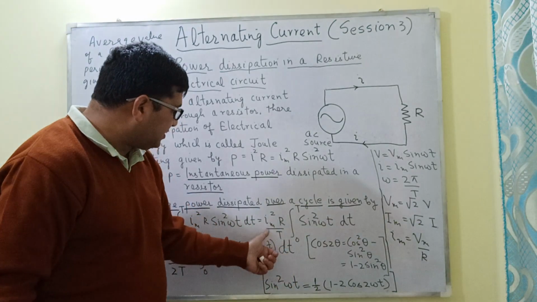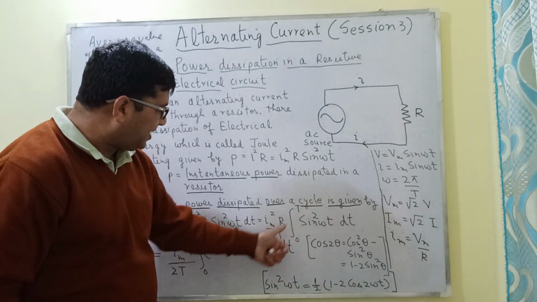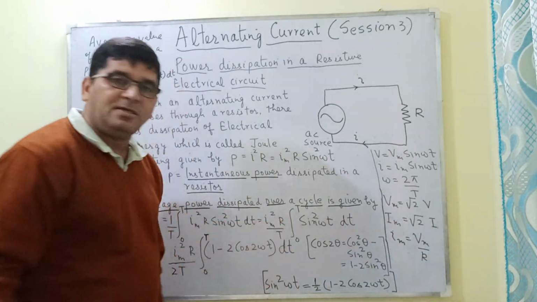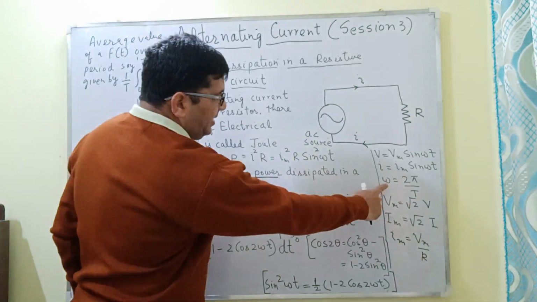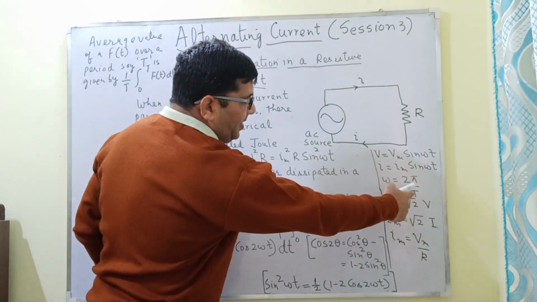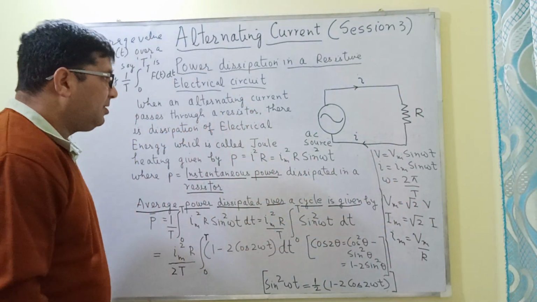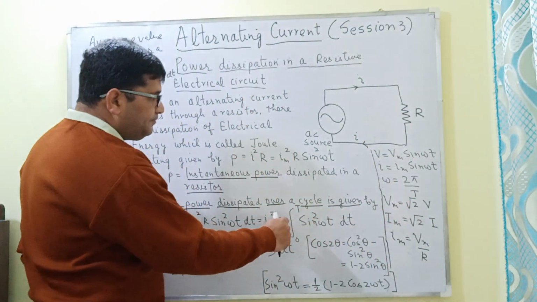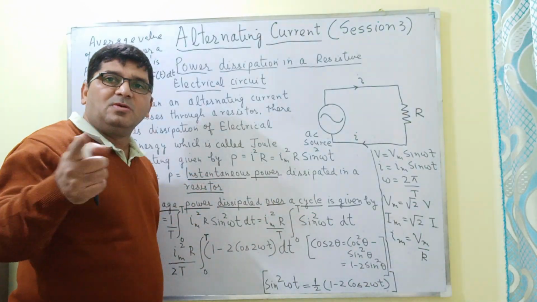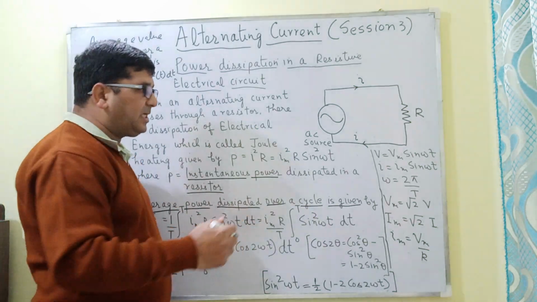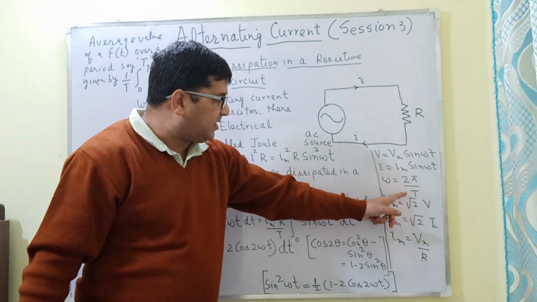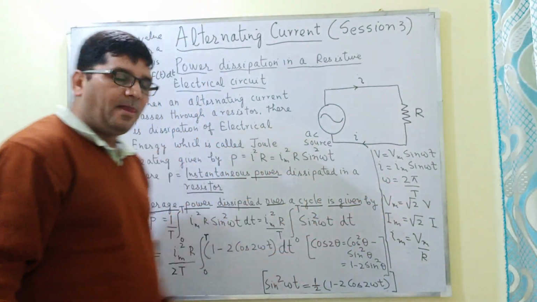So I am left with Im square R divided by T, integration from 0 to T, where this capital T is the time period, and the angular frequency is equal to 2 pi upon T. So what is time period? It is the time taken to complete one cycle. So omega is equal to 2 pi upon T, or we can say that T is equal to 2 pi upon omega.